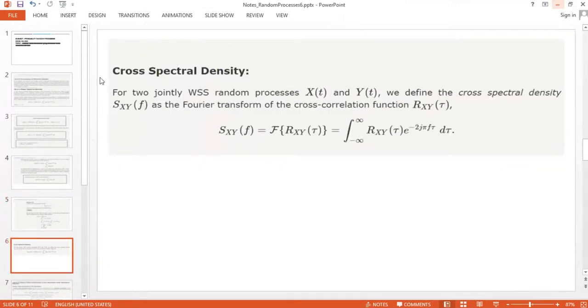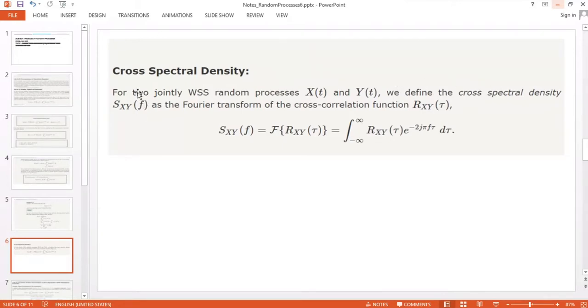Now we have the concept of cross spectral density. Suppose you have two random processes X(t) and Y(t), and they are jointly wide sense stationary processes. You have to remember what jointly wide sense stationary means: X(t) and Y(t) are themselves wide sense stationary, and their cross correlation function is also a function of the time difference, that is tau.